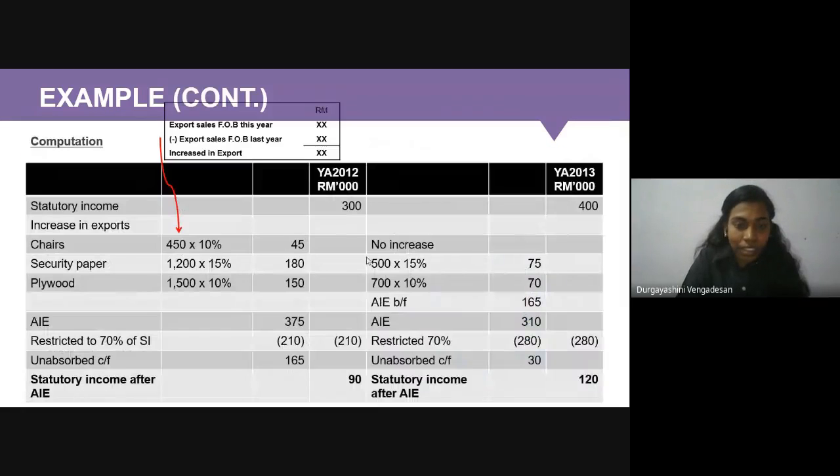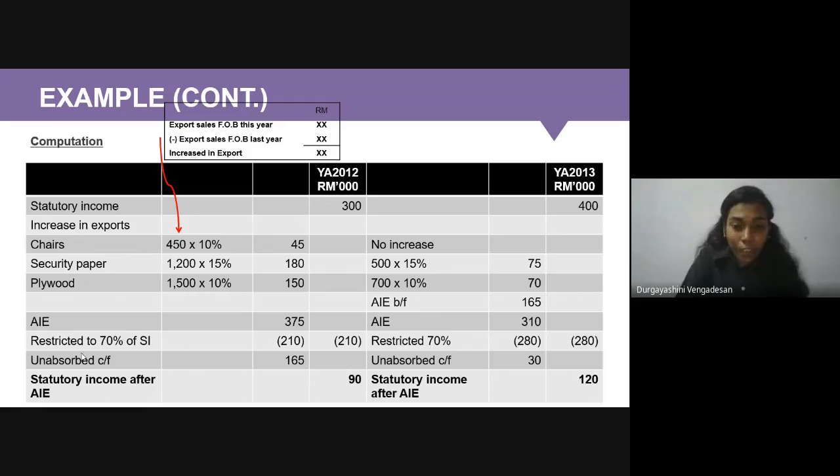Then for the security paper, the increase in export is 500 times 15%. Why 15%? Because the value added is more than 50%. And for the plywood, the increase in export is 700,000 times 10%. Why 10%? This is because it is agriculture produce.